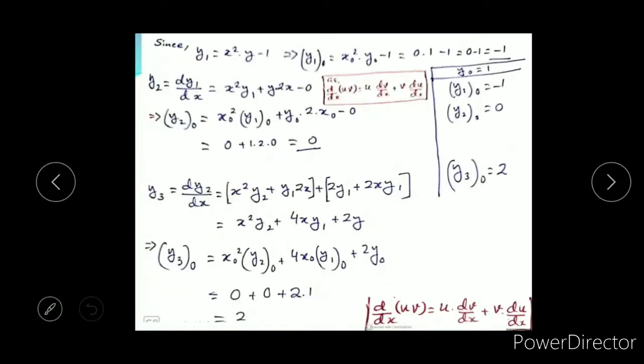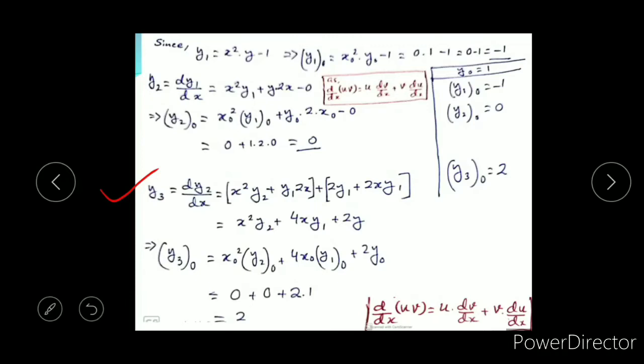Then we'll go for y3. For getting the value of y3 0, we have to calculate y3, right? And y3 is nothing but dy2 by dx, that means the derivation of y2. How will you get that?